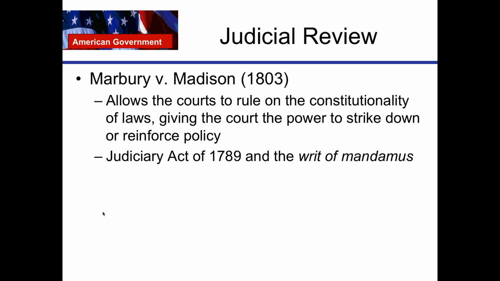And ultimately what they decided was that this writ was unconstitutional. It violated the U.S. Constitution, therefore it was null and void, because the Constitution is the supreme law of the land. So ultimately the Supreme Court decided that this writ conflicted with Article 3, Section 2 of the U.S. Constitution, which said that the Supreme Court has original jurisdiction.